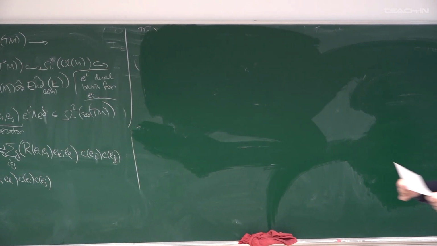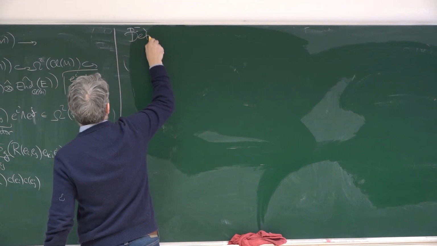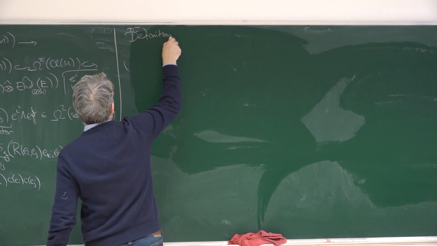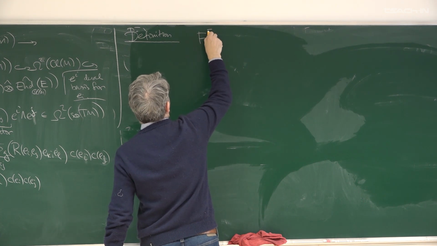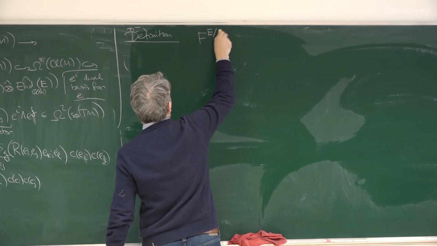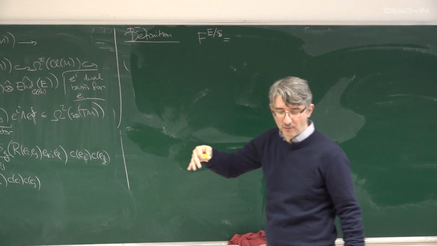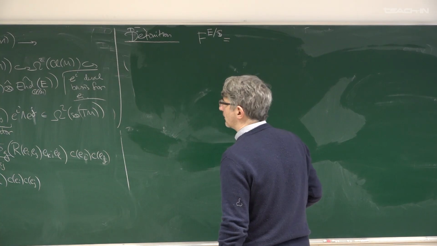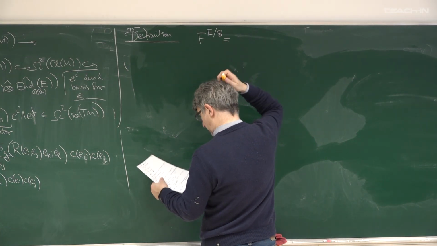What I want to say, so definition. The relative curvature, the thing which is linear over the action of Clifford, is as follows.